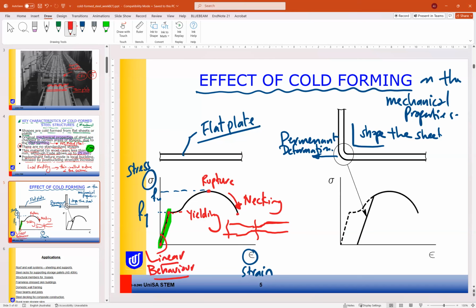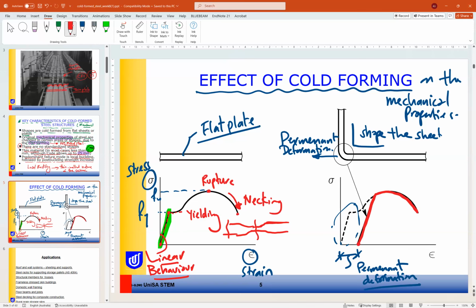So in the linear relationship, we can't have permanent deformation. So to keep the permanent deformation, we need to skip this part so that we can have this deformation as permanent deformation. And that's why the shape of the stress strain curve for the cold formed steel is a little bit different.